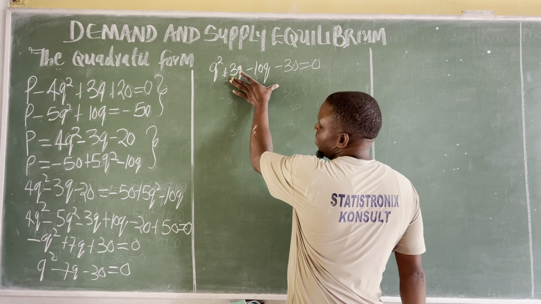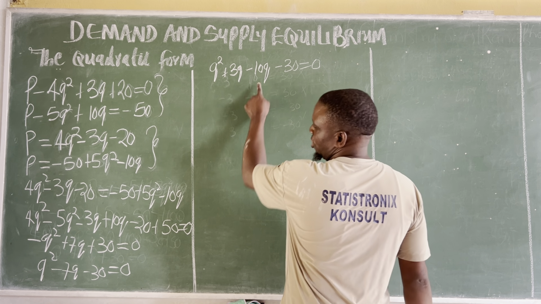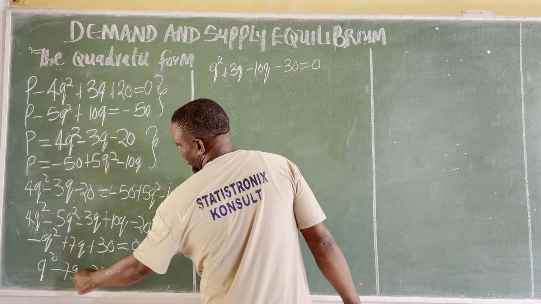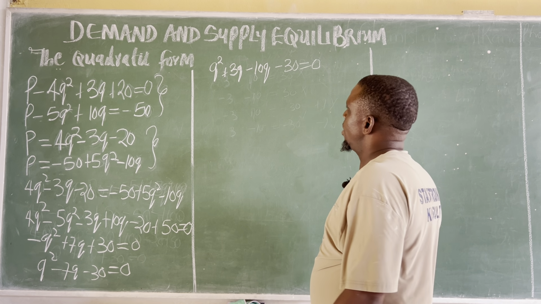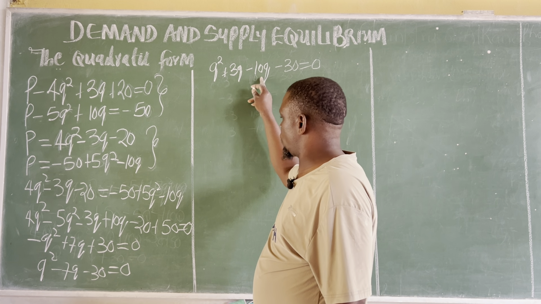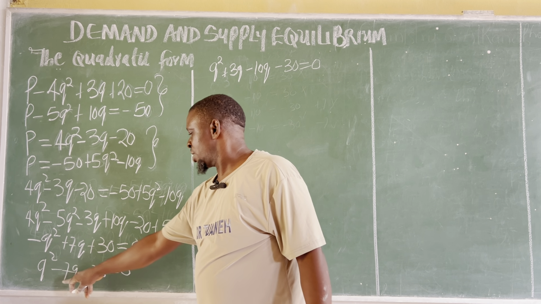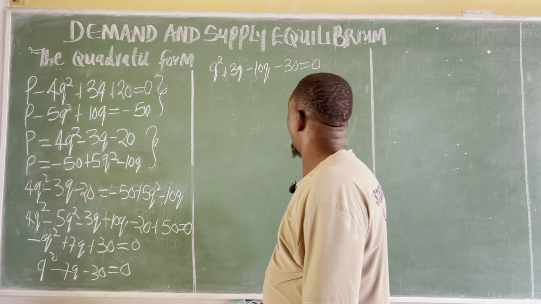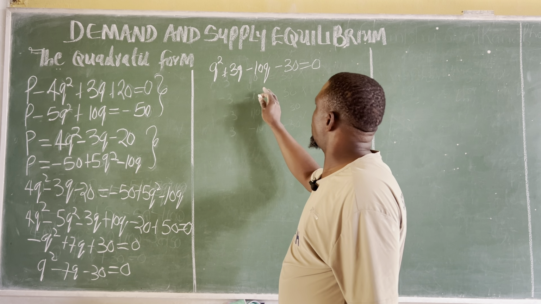Now, what we have here is still the same as what we have here, because this plus this will be this minus 7q. And so this is correct. But we have only done it making sure that the sum of these two values will be this, and the product will be this. And so, having done that, then we can factor this.